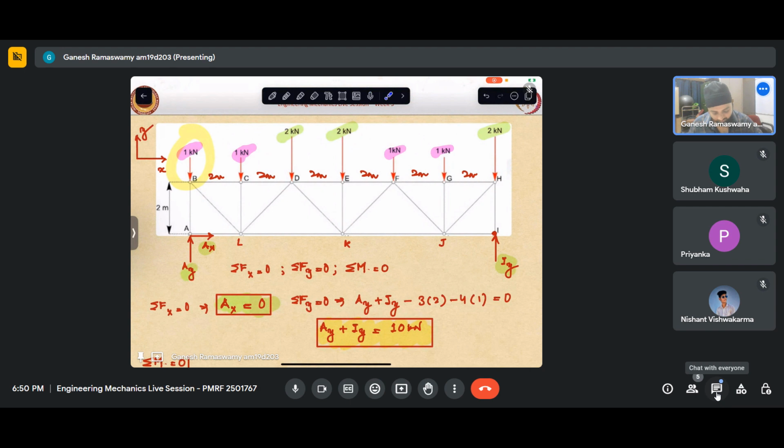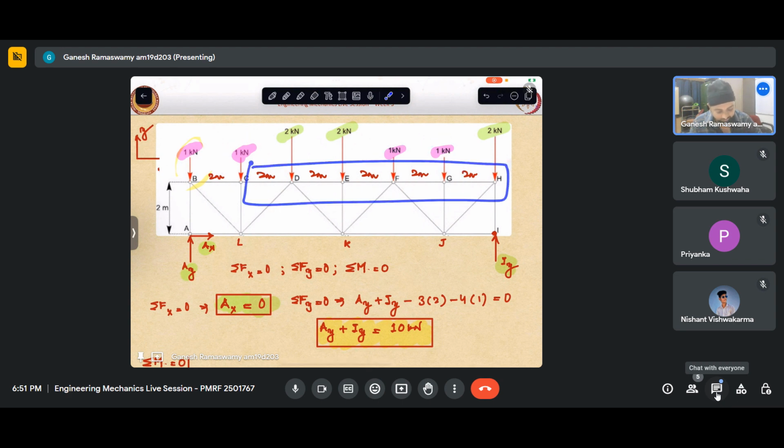So we have accounted for the contribution of the force applied at B. Then we have a force of 1 kilonewton applied at C, F and G. So what are the respective lever arms that we need to sum up? This will be 1, then this will be 1, then this will be 1.